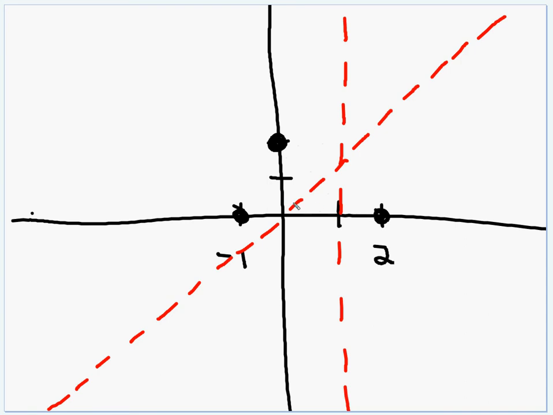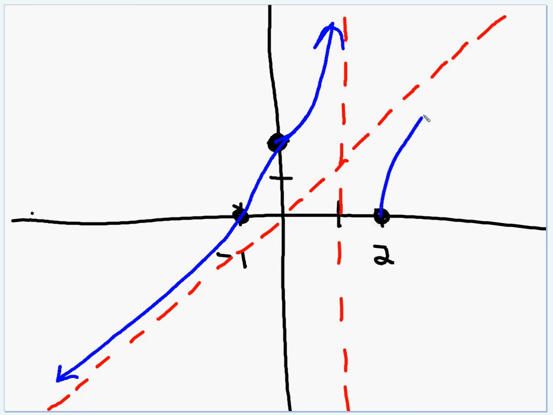There's no x-intercepts, so that means I'm going to be forced up by the vertical. And then as I start heading down, I'm going to go through my x-intercept, and then I'm going to be guided along by the slant asymptote. Over here, I have my x-intercept of 2. If I'm at 2 and I start heading to the right, I'm going to be guided away by my slant. And if I start heading to the left, I'm going to be guided down by the vertical.